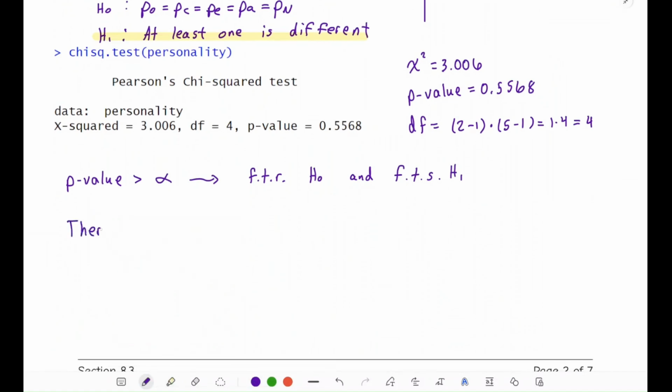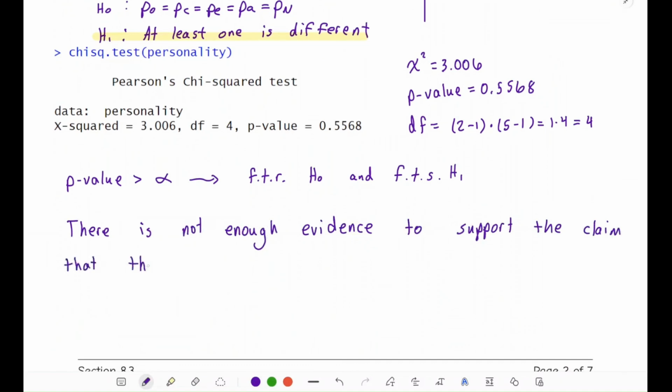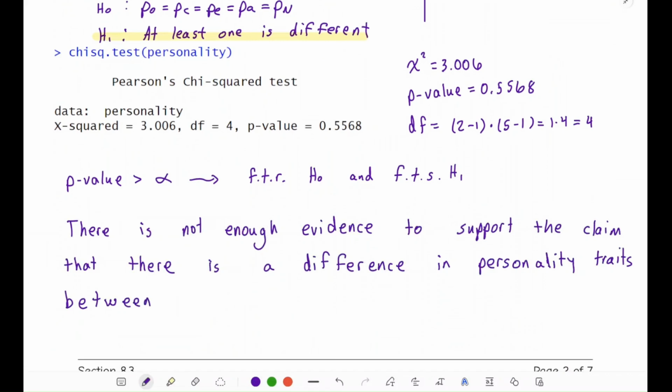So there is not enough evidence to support the claim that there is a difference in personality traits between, I need to go back up.